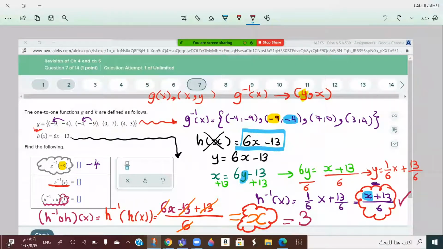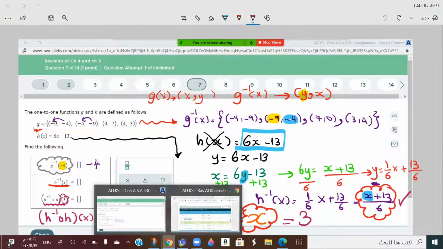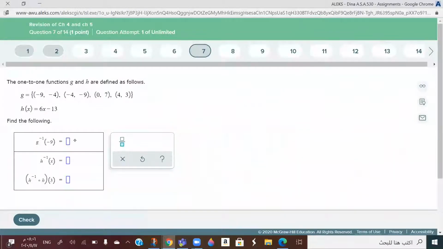Now let's put all our answers in ALEKS. So the first one, we agreed together that it is minus 4. This one, we agreed that it is 1 over 6x plus 13 over 6.